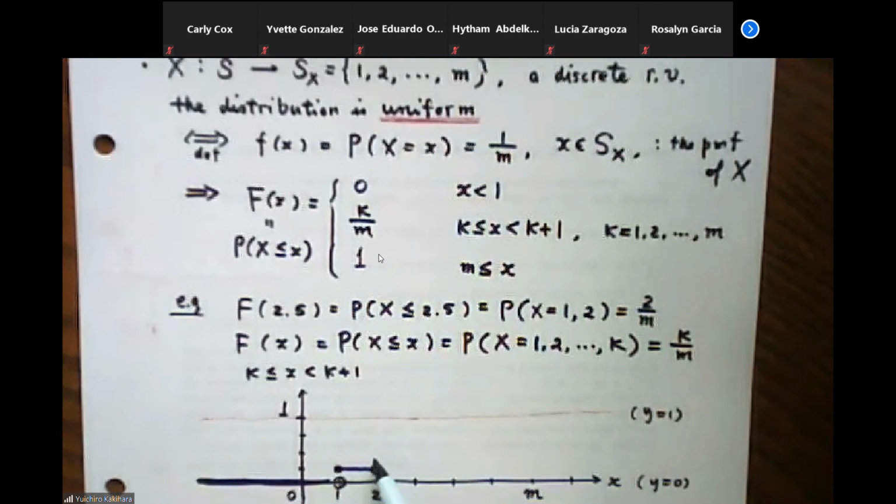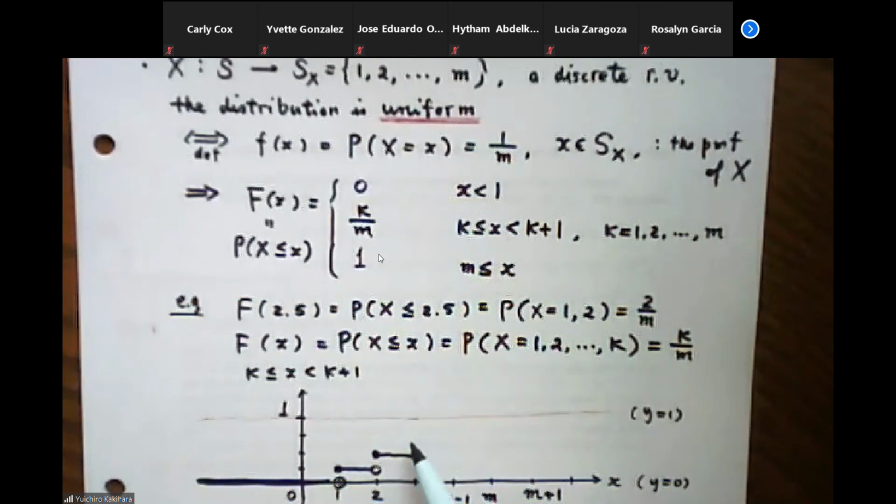The next step, we have a closed dot here, and then open. Next step. This should be m. This is m plus 1. That's the idea. M minus 1, it is here.